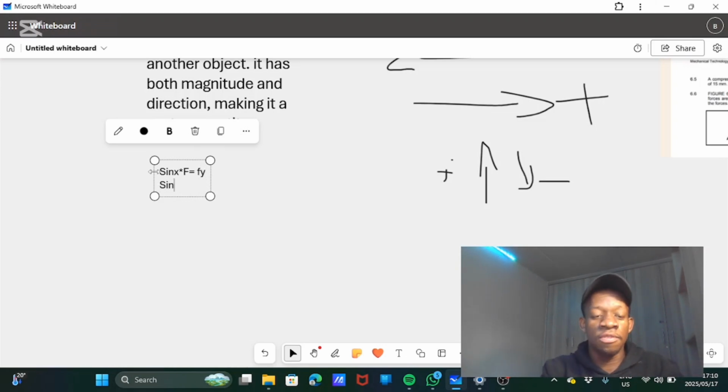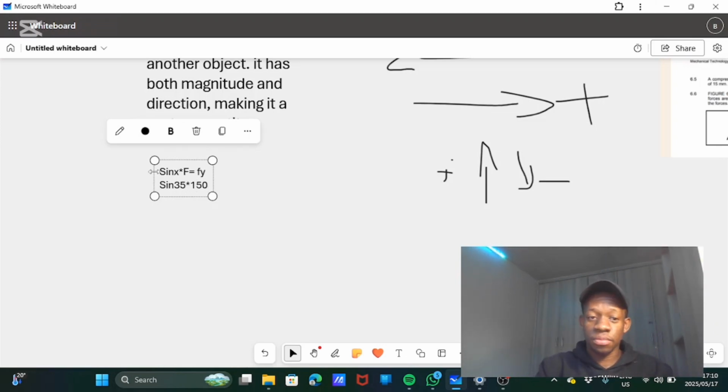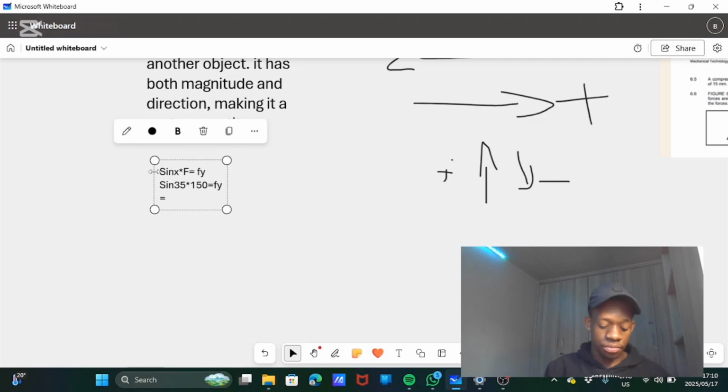So that is sine of 35 degrees times 150. The answer is going to be 86.03.